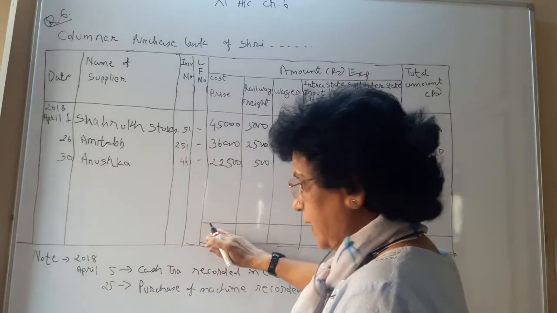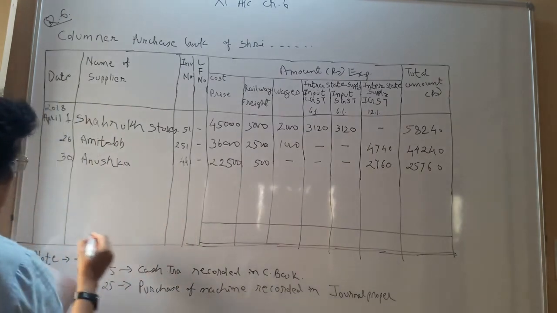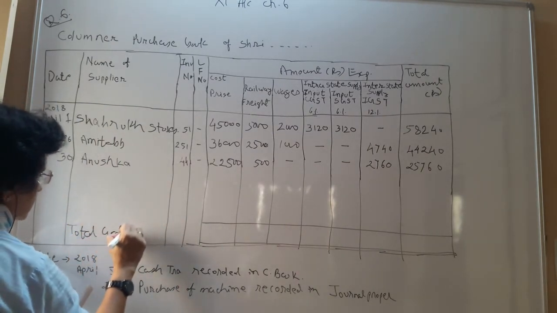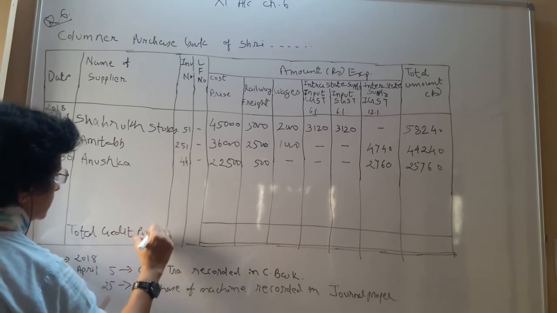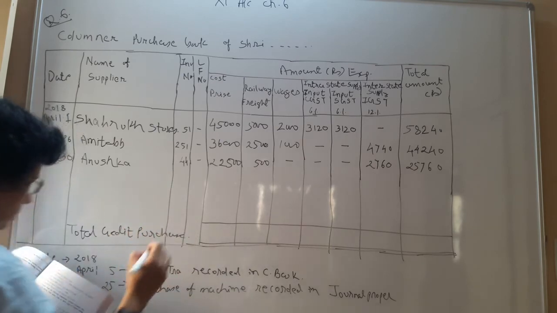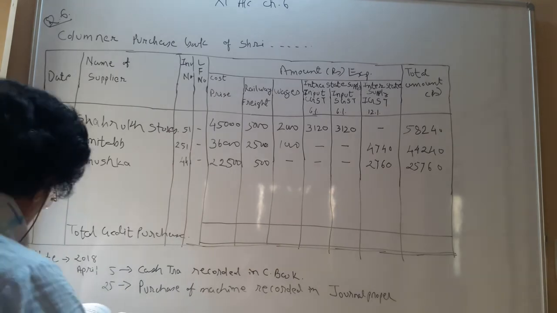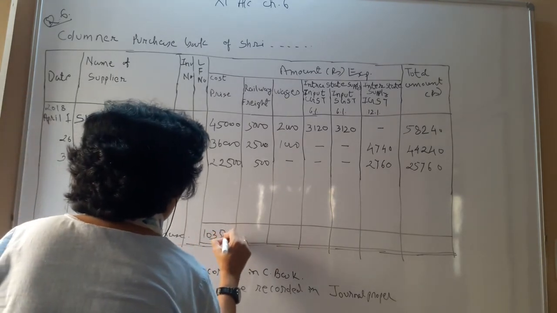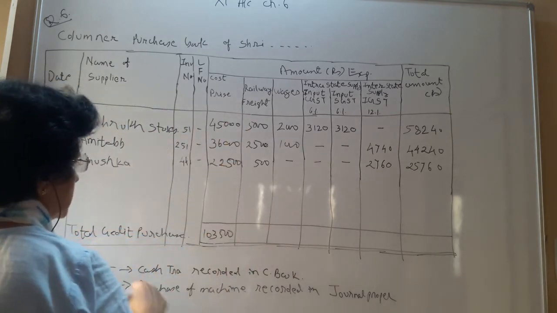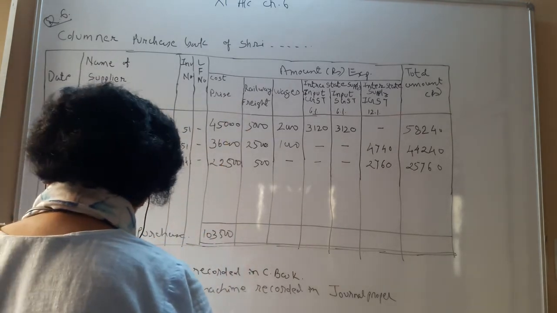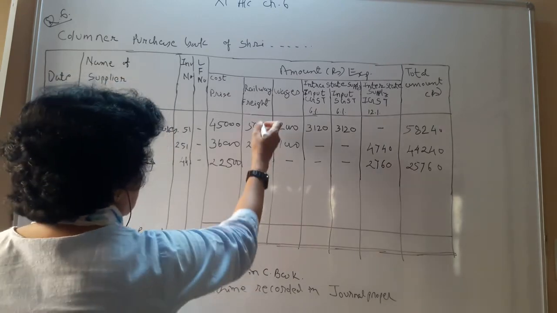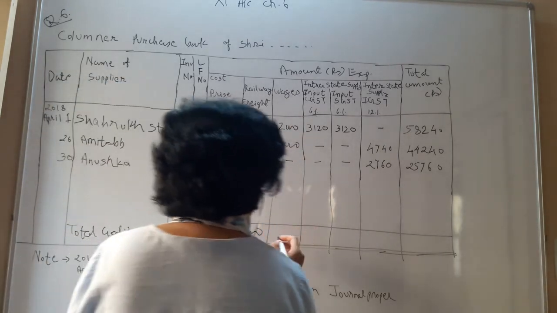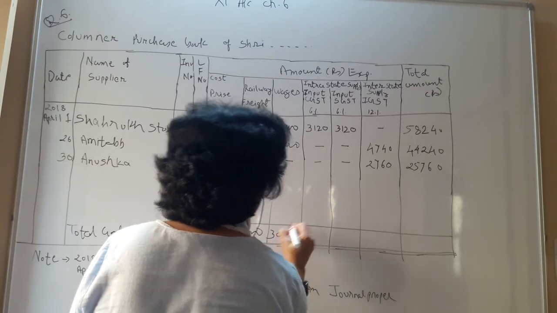Now let us finally do the total. Here we will write total credit purchase. The total is 1,03,500. Then it comes, that is 8,000. Then 3,000.